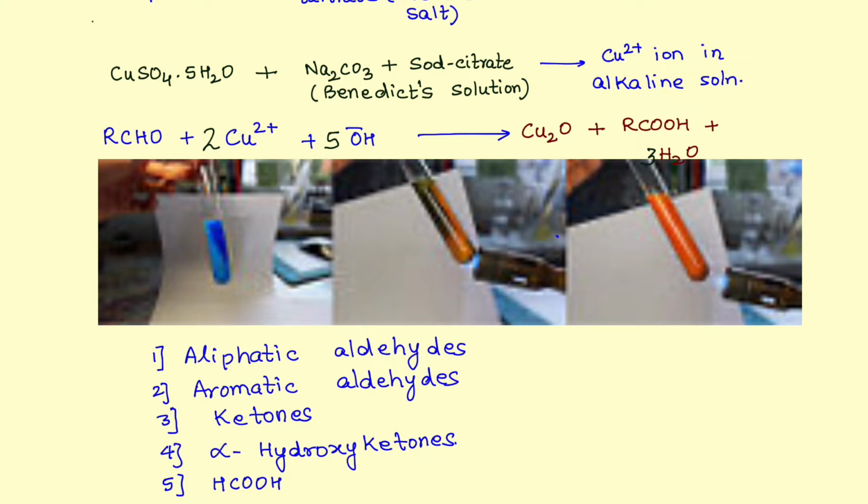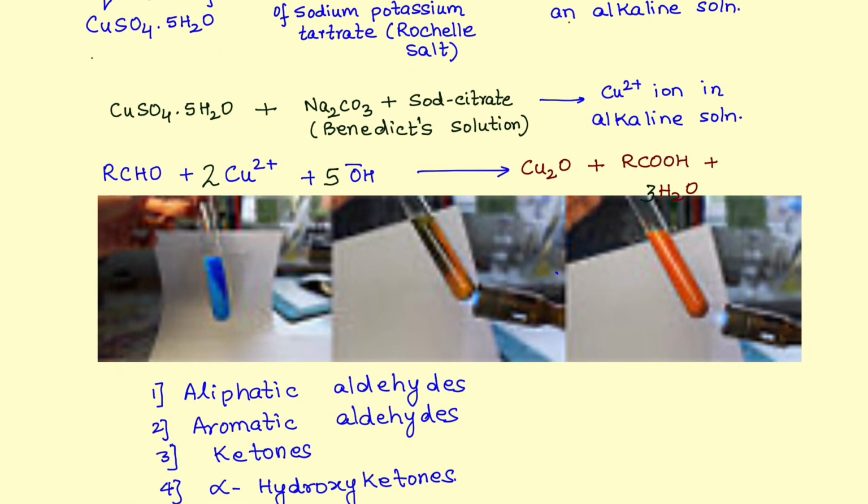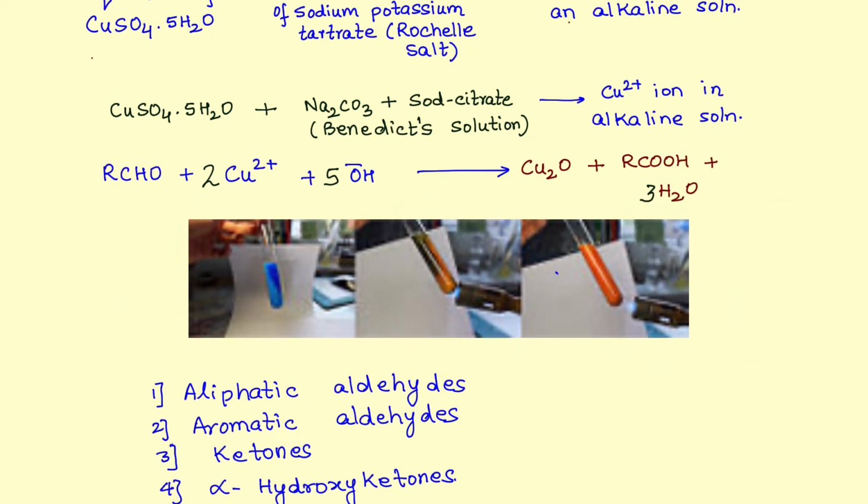because we do use these compounds, that is Fehling solution and Benedict solution, to determine the concentration of sugar, the amount of sugar in the urine. So reducing sugars do give this test, and that is why I used the term that you could have different colors of the precipitate depending on the concentration of the reducing sugar.